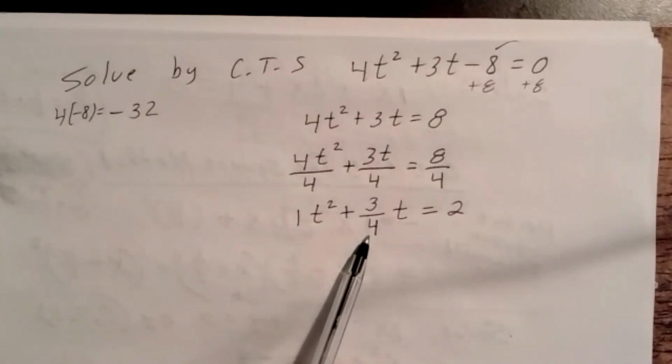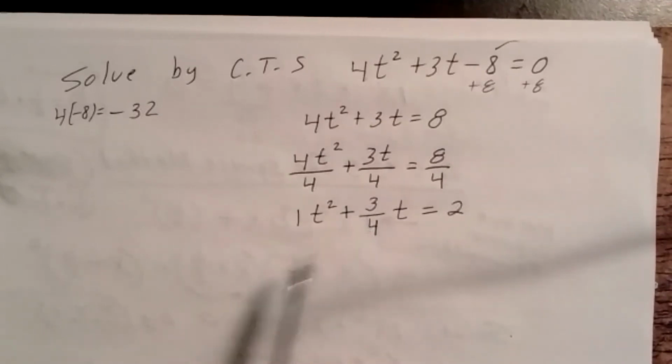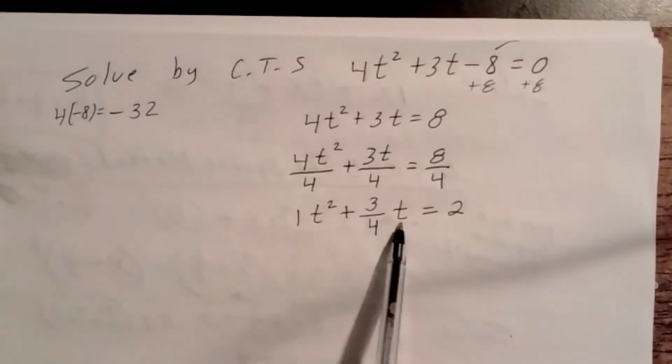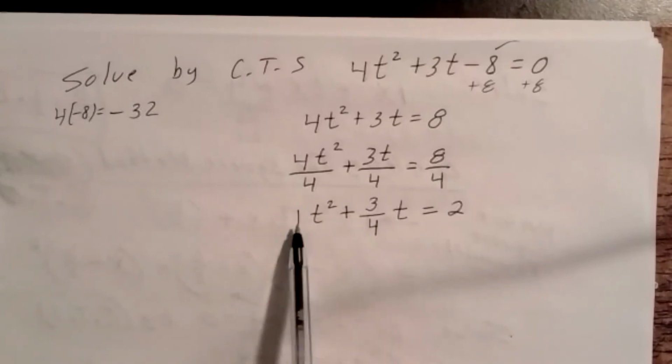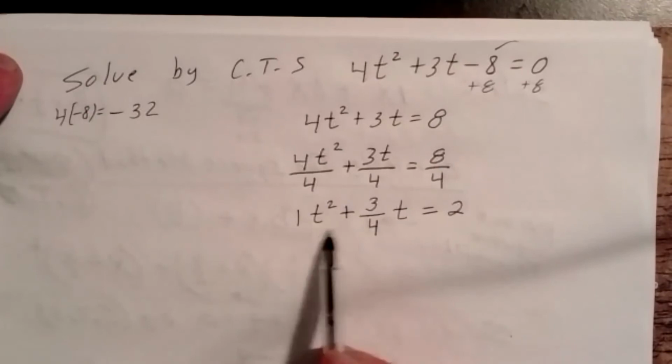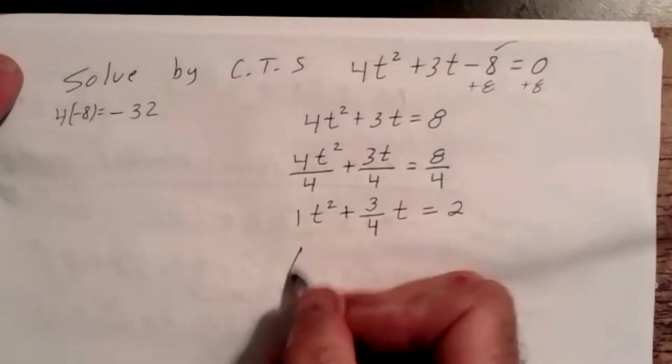If you convert them into decimals, it's going to be extremely messy. Always leave fractions as fractions when you complete the square. You can reduce them, but leave them as fractions. No decimals. All right, so ladies and gentlemen, now we're able to complete the square on this binomial in t because we have 1 as our leading coefficient. What is that magic number I have to add to this binomial to transform it into a perfect square trinomial? Anybody remember?